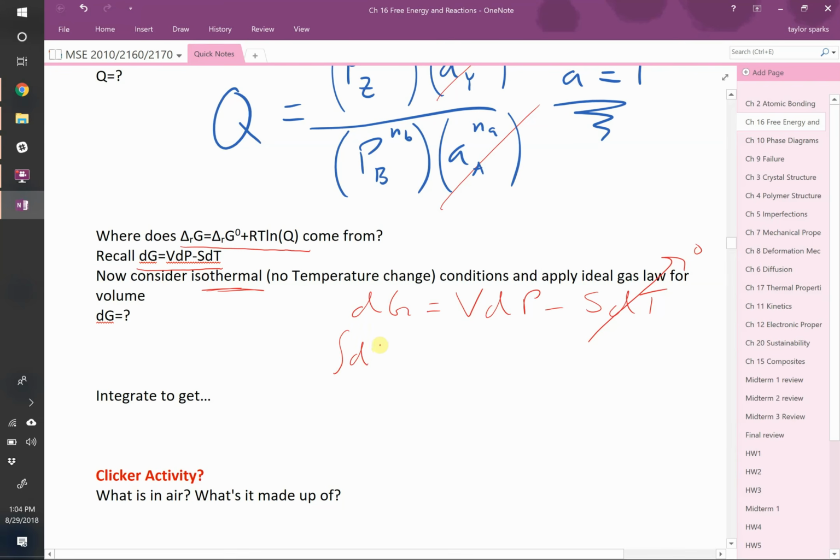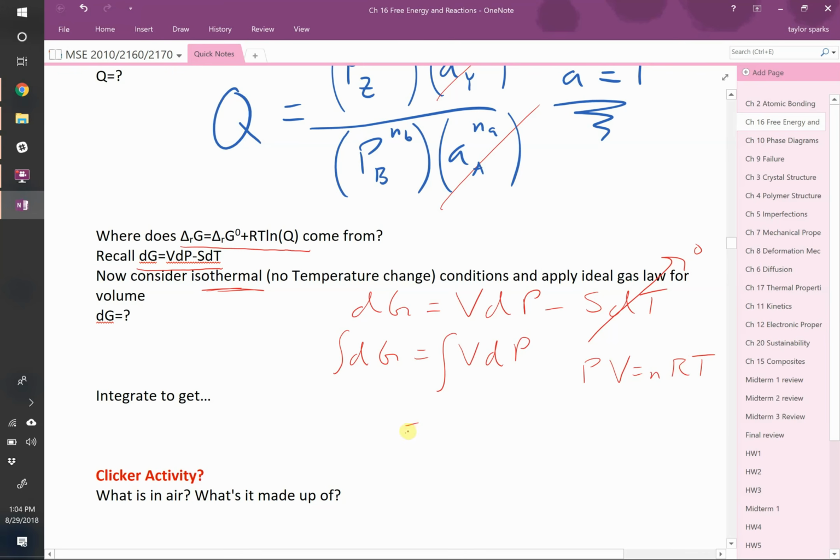We could take the integral of dG equals the integral of V dP. And using the ideal gas law, which is that the pressure times the volume equals the number of moles times the gas constant times temperature, we could go ahead and rewrite V in terms of P, then take the integral with respect to P, right?